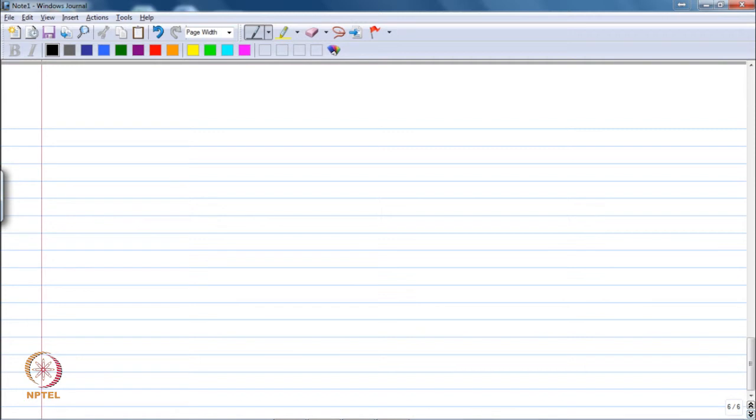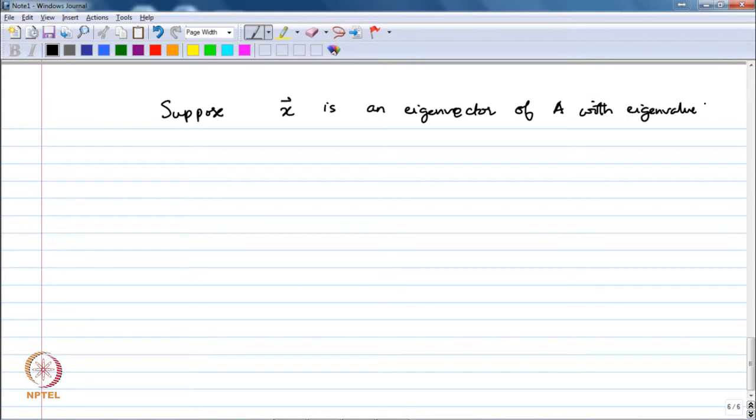Okay. Now, and some interesting things about eigenvectors. So, suppose X is an eigenvector of A with eigenvalue lambda.